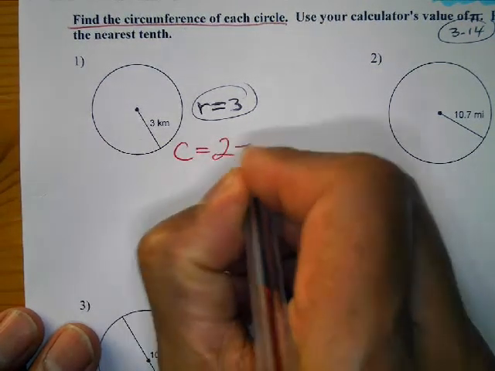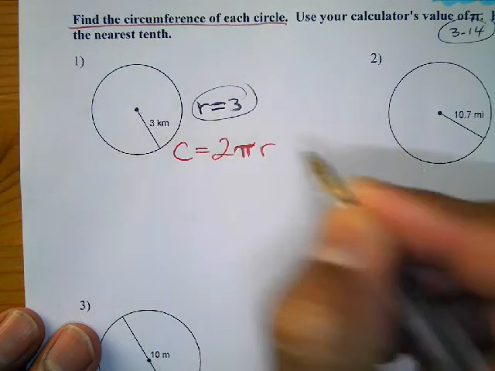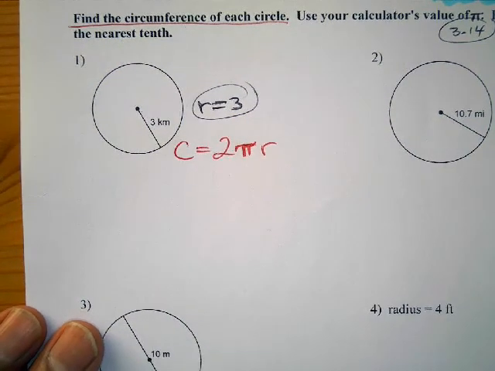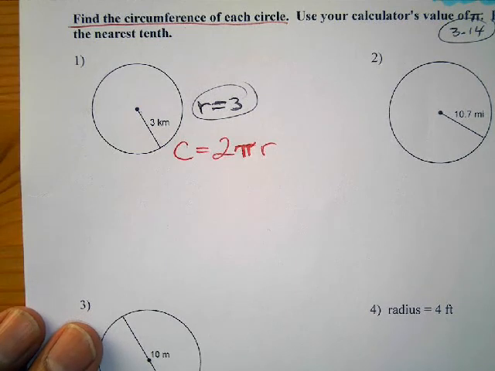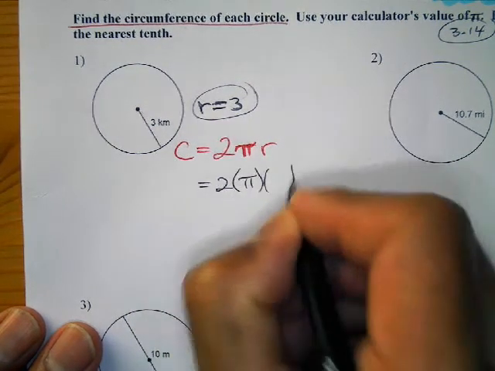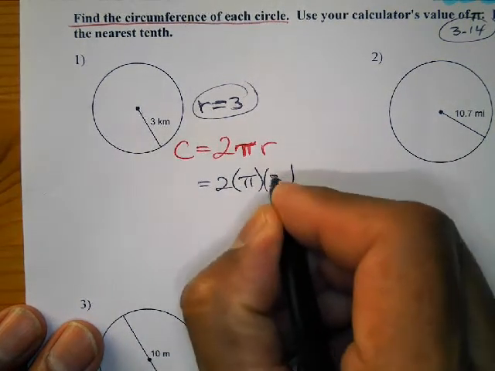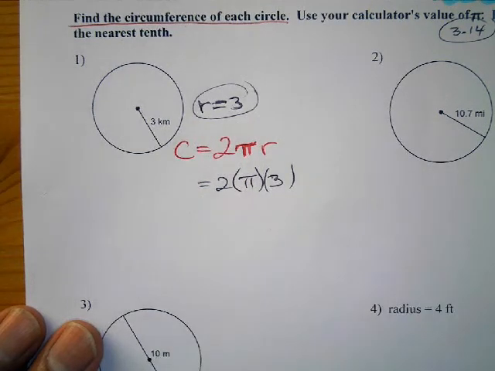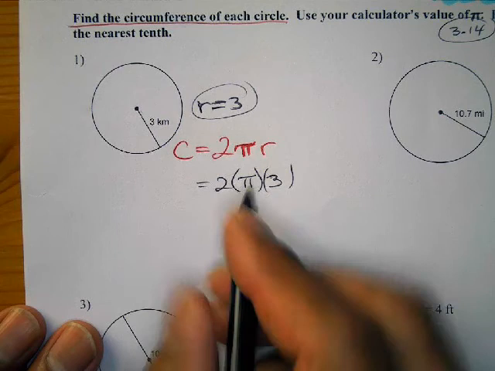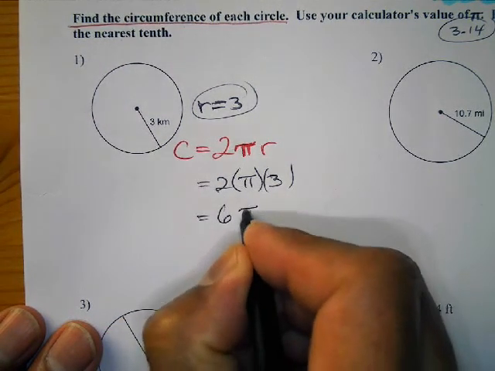All right, so here it is. The formula is C is equal to 2 times pi times R. That's all you've got to do. So that's 2 times pi times the radius R, which is 3. When you multiply the numbers, 2 times 3 is 6.